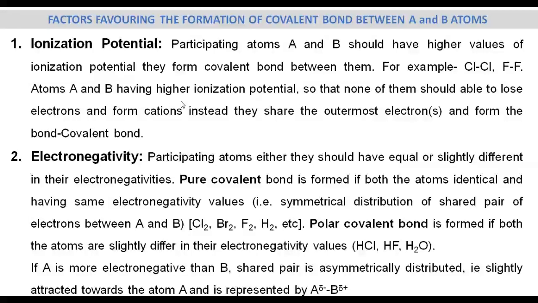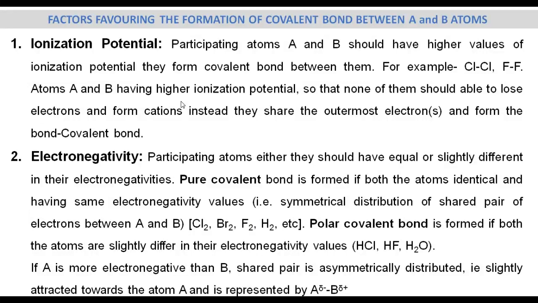The second factor is electronegativity. Electronegativity is the tendency to attract electrons towards itself. The atom will not lose electrons to other atoms. So the participating atoms should have either equal electronegativity values or slightly different values.